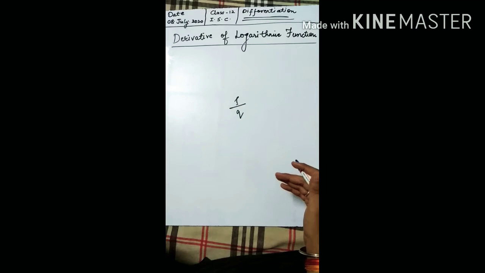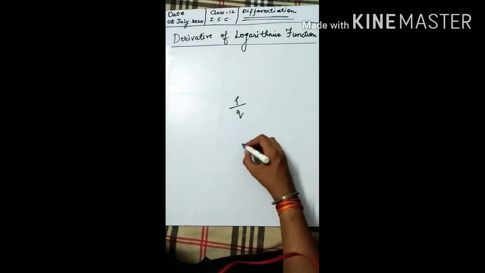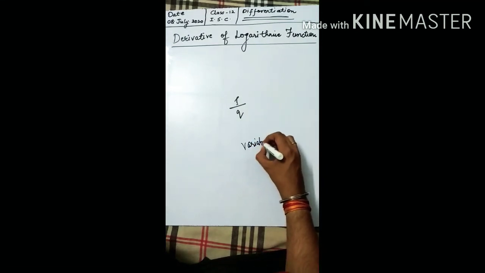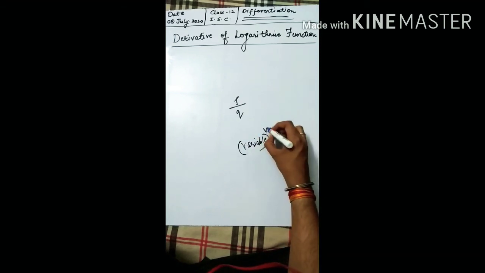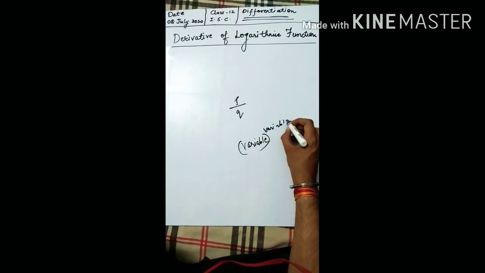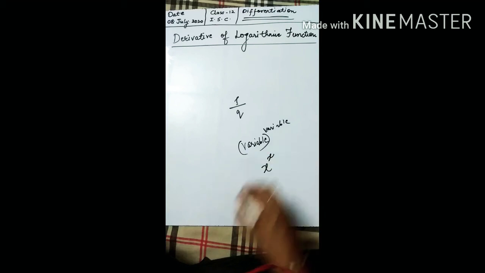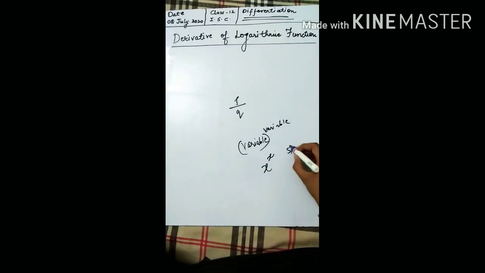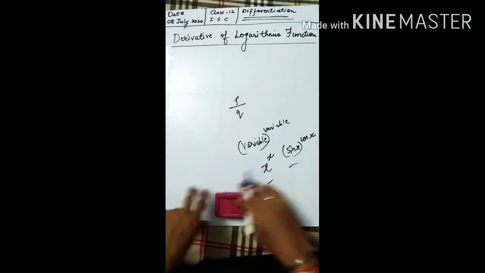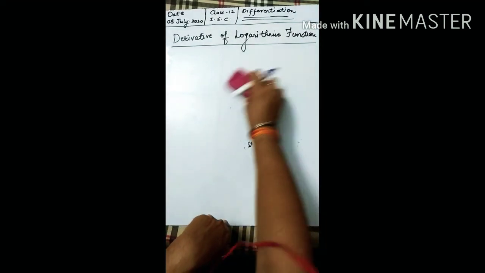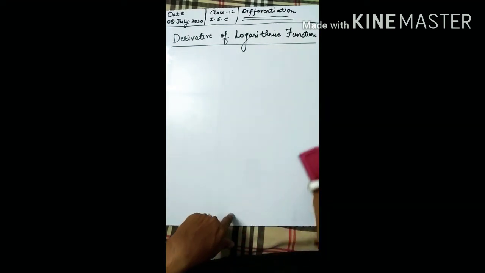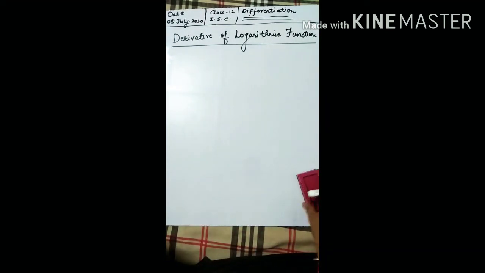Take another example: you will get some questions where you face variable to the power variable, like x to the power x, or sometimes sin x to the power cos x. In such situations we take log. So this log has a very good aspect in differentiation, so let us study it.